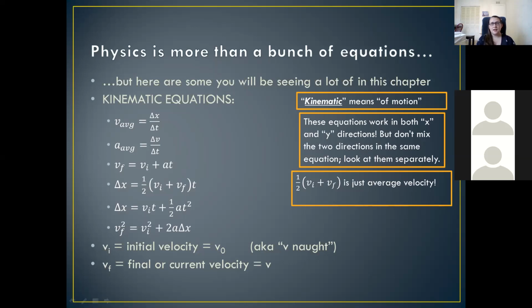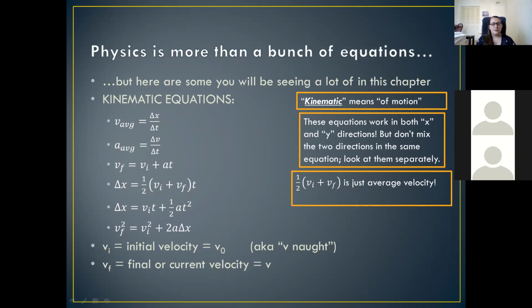When you take an average of something, just like in your math class, you add them all up and divide by how many there are. So if we're taking the average of two velocities, we add them together and divide by 2. So really, that equation is just that top equation rearranged, plugging in what we know average velocity is.